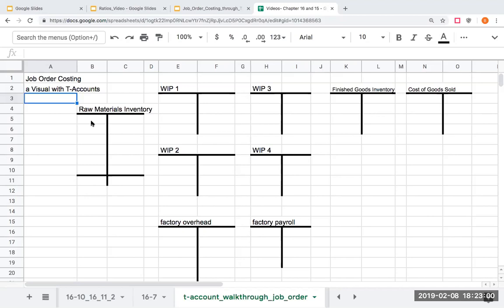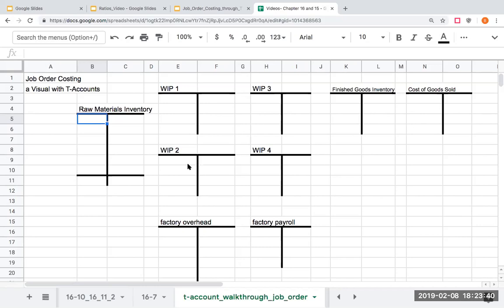Let's remember a few things from our last lesson. Things start at raw materials inventory. We put those into the work in process account. We add in some direct labor, and then we add in some overhead. Once we've done that, if a job has been finished and sold, it will first go to finished goods inventory and then go to cost of goods sold.